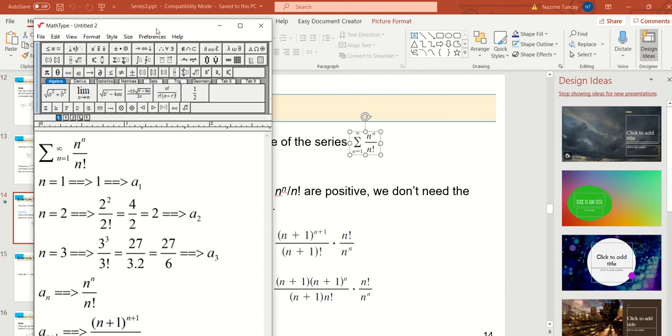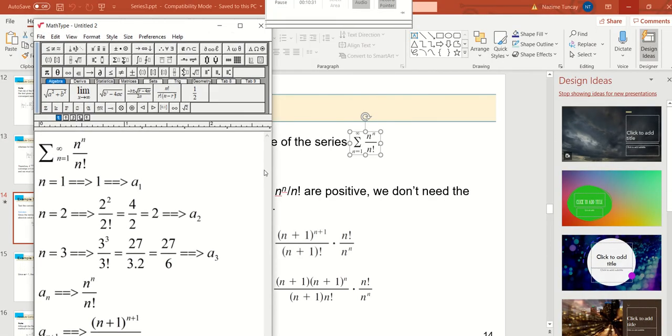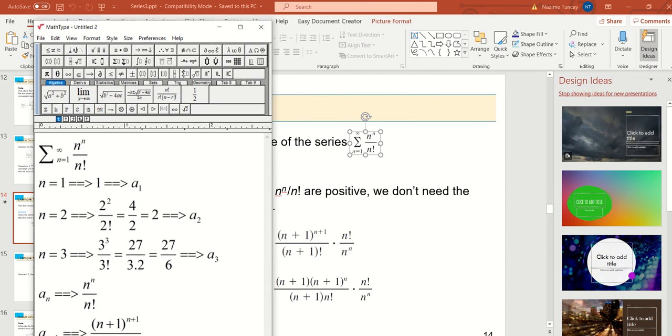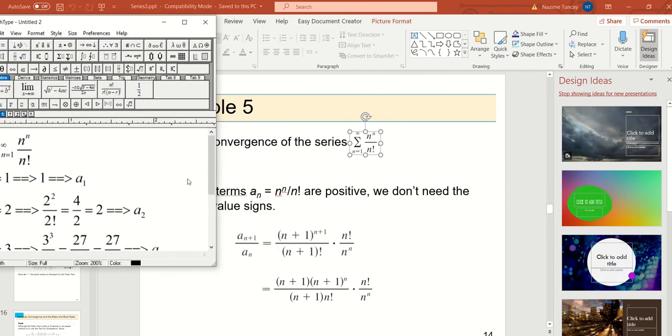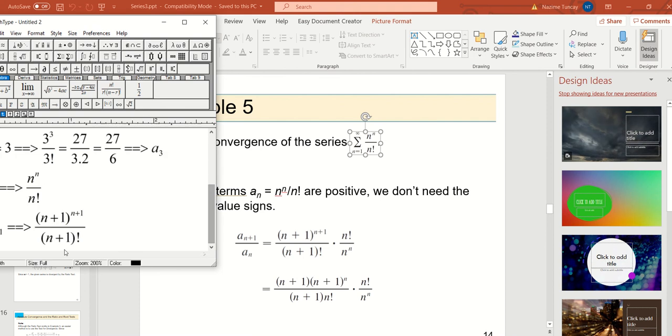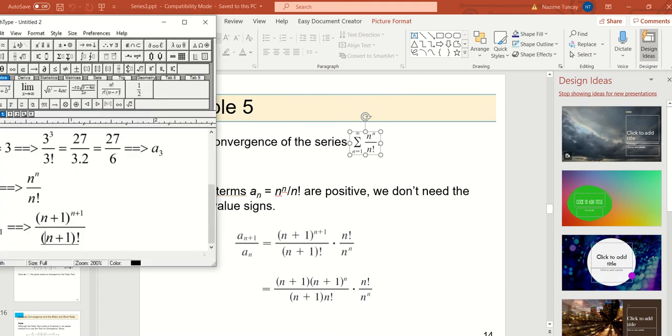So in this question, what was a_(n+1)? This was a_(n+1) that we have just found.